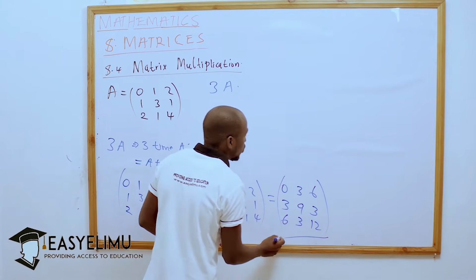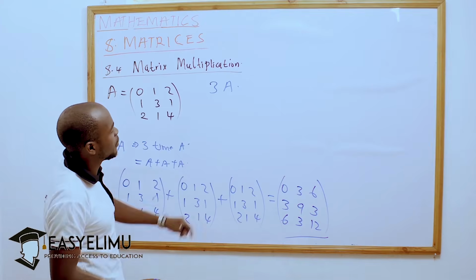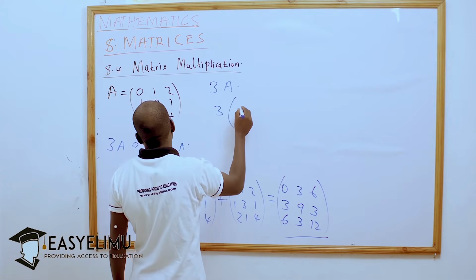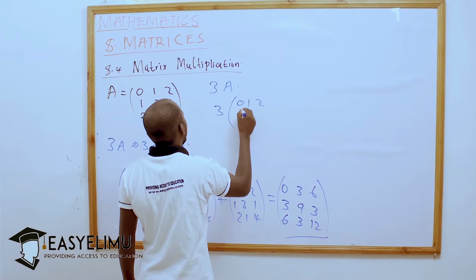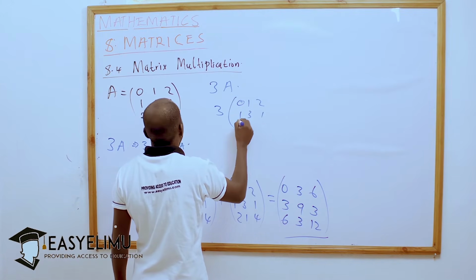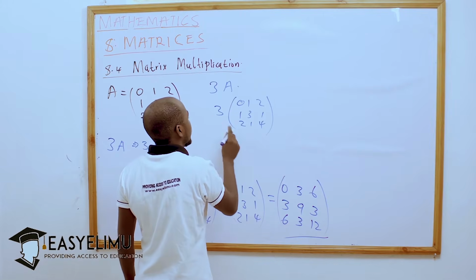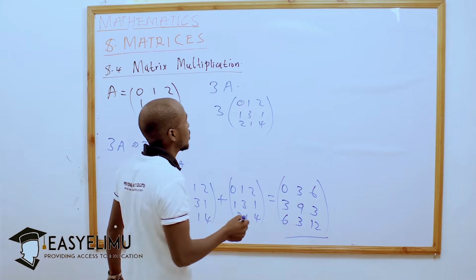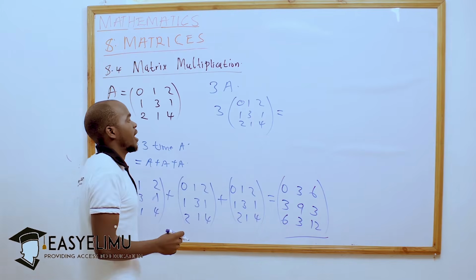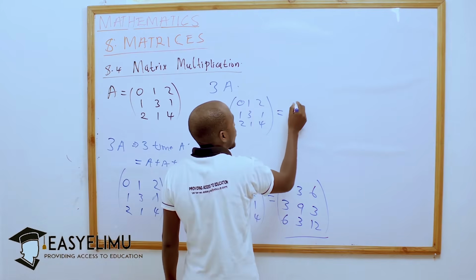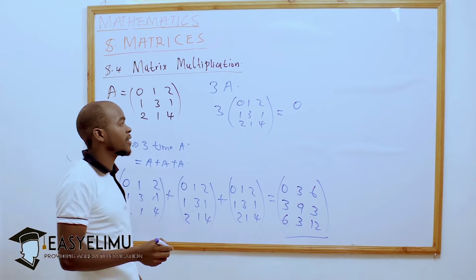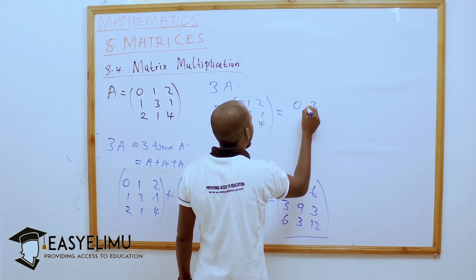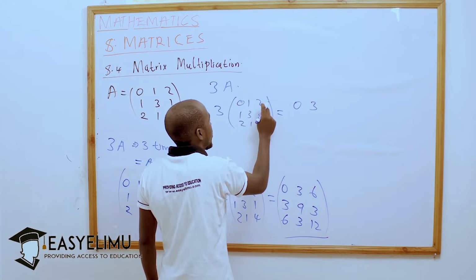Let's see if that is true. We take 3 and multiply it by the matrix 0, 1, 2, 1, 3, 1, 2, 1, 4. This is a scalar, and we multiply it with our matrix. The first entry gives us 0. The next entry gives us 3, and this one 3 by 2 is 6.